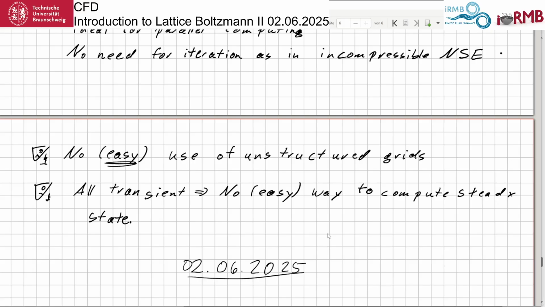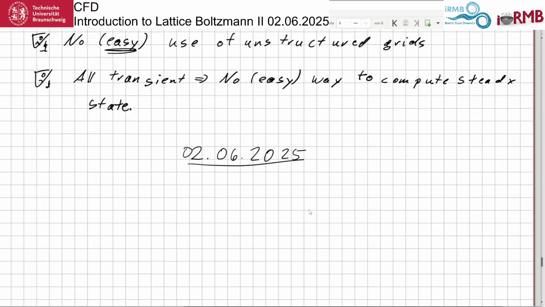If you are interested in any steady state simulation, then you probably have to run this through time update, and if you are interested in a very slow process, this can be very complicated. I should mention there are solutions to these things. We can also solve the Lattice Boltzmann equation in a different way in order to get a steady state, but this is not the usual way of doing Lattice Boltzmann.